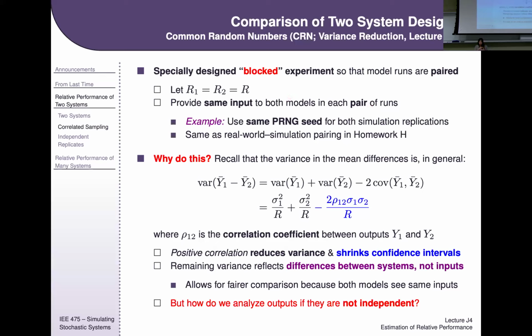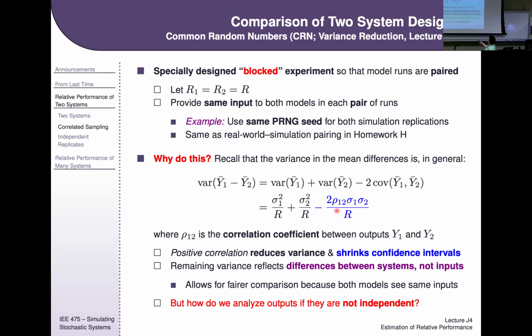And why do we do this? Because if you take the variance of a difference, then after you go through a little bit of probability, you can derive that the variance of the difference between two systems is the variance in system one scaled by the number of reps, plus the variance in system two scaled by the number of reps, minus the correlation between the two systems scaled by the number of reps.